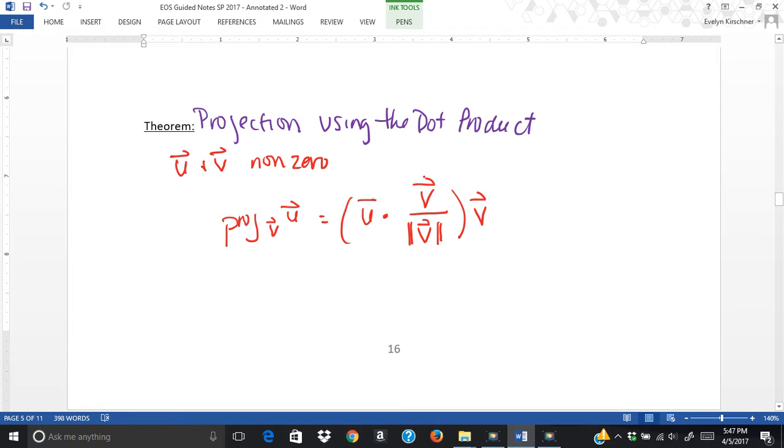So what this tells me is this is the unit vector v. So I'm going u dot the unit vector v, so I'm finding that, and then I want it to be in the same direction as v. So it's parallel. That's why I take this scalar here and I multiply it by the vector v.